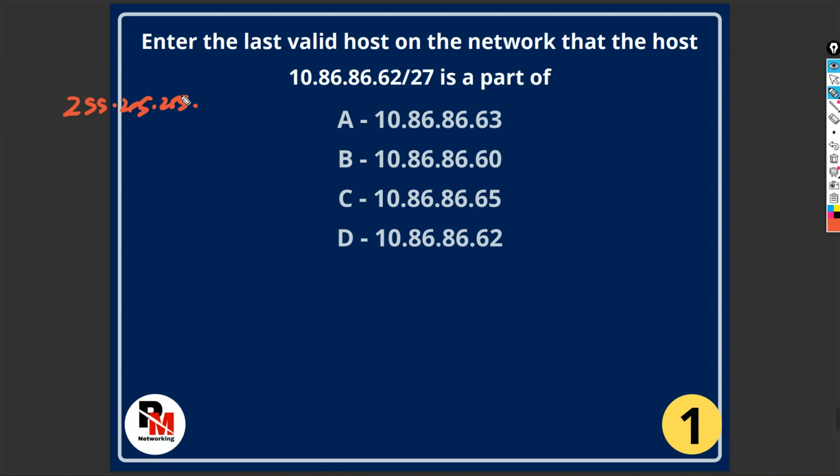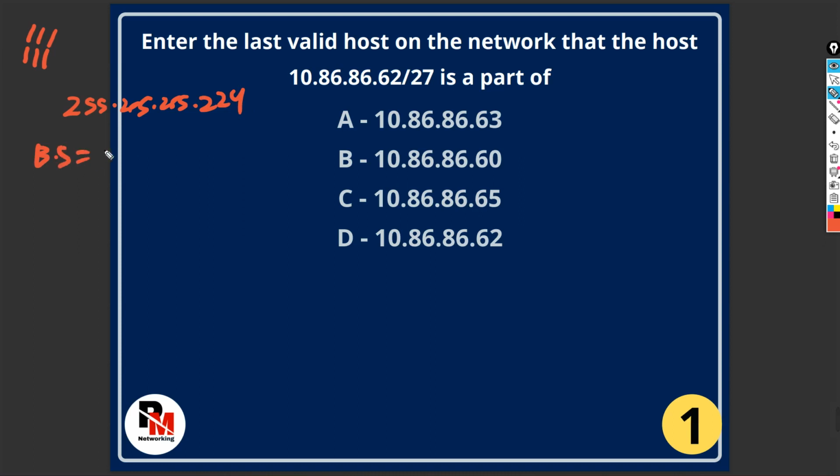Are you sure, 254? No, it will be 224, brother. No, hold on. 128 plus... I'm not fast, sorry. 128 plus 64 plus 32. /27 means 27 bits, so 224. Yes, very good. 224.